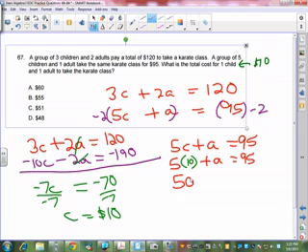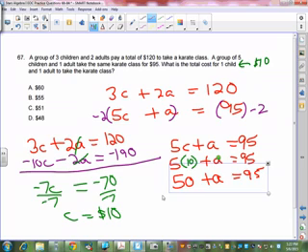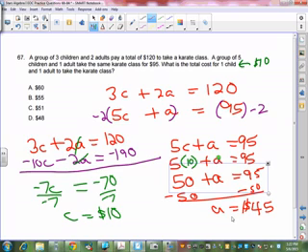So that'd be 50 plus a equals 95. Subtract 50. a is equal to 45. So adults are paying 45 each. They want the total cost for one child and one adult. So 10 plus 45 equals 55.